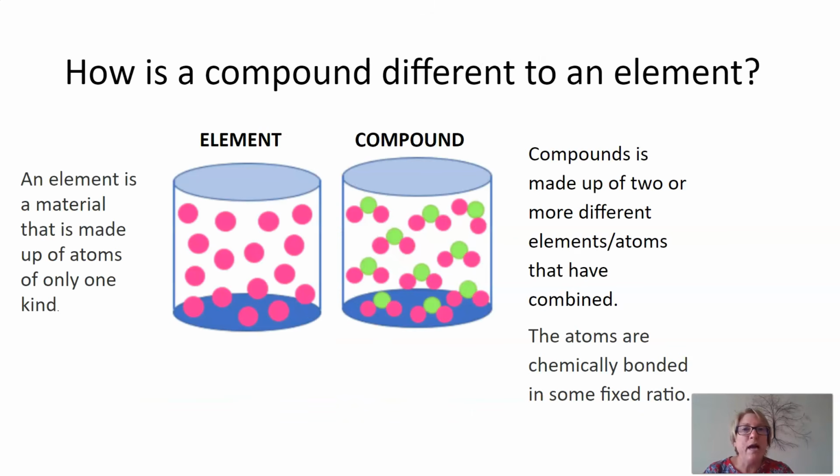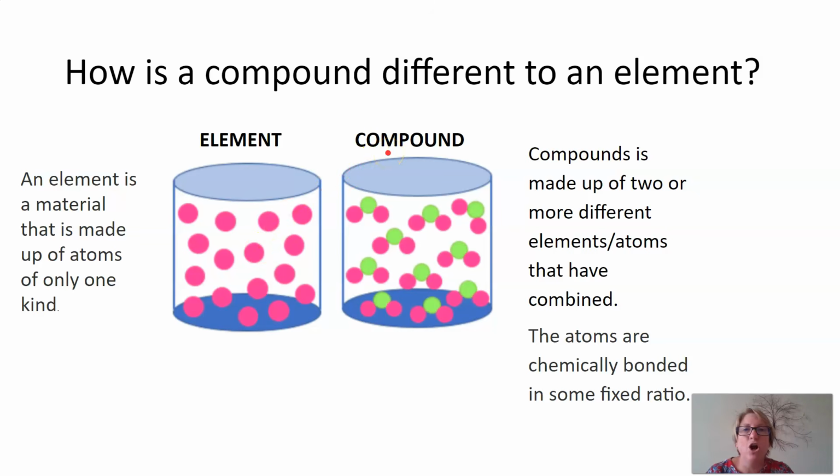So just to recap our knowledge, how is a compound different to an element? If we have a look at an element, it is a material that is made up of atoms of only one kind. So in this container here, we only have pink atoms.